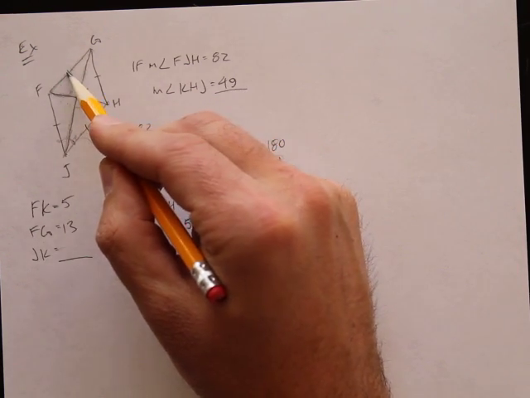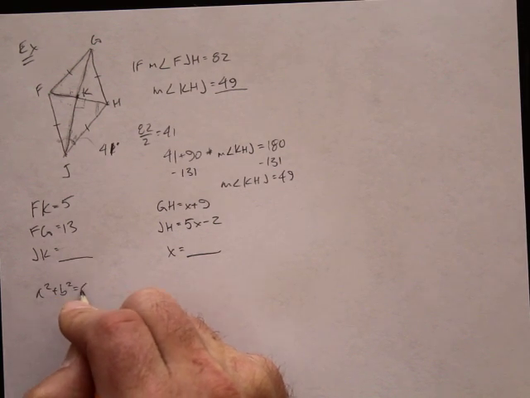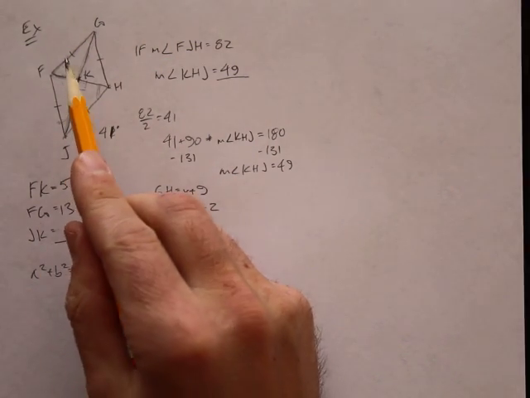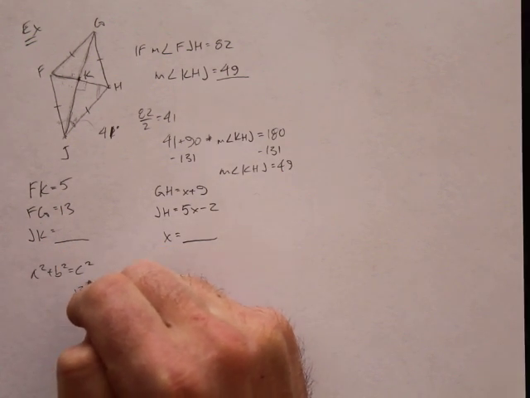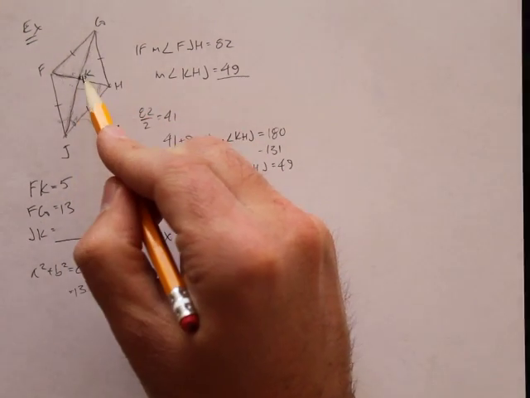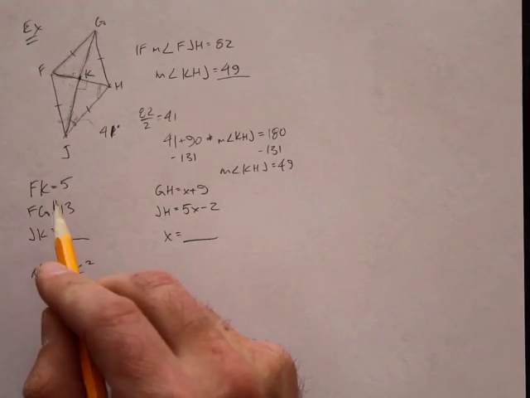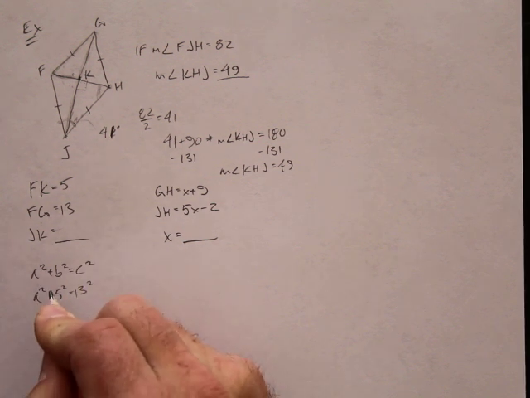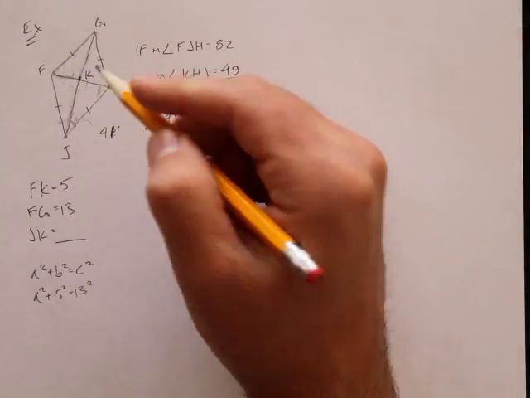So remember, a squared plus b squared equals c squared, hopefully. So FG is 13, so that's 13 squared, that's the longest side, that's the hypotenuse. And then we'll say b squared is 5, b is 5. And then a squared is the other side that I'm trying to find.